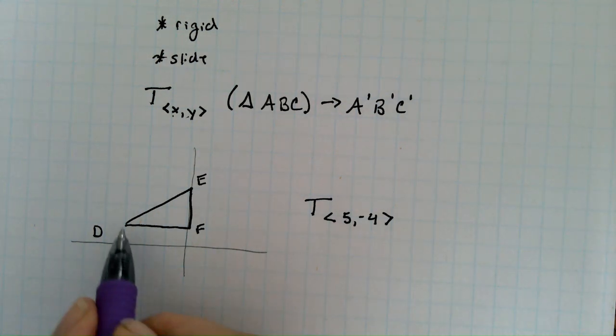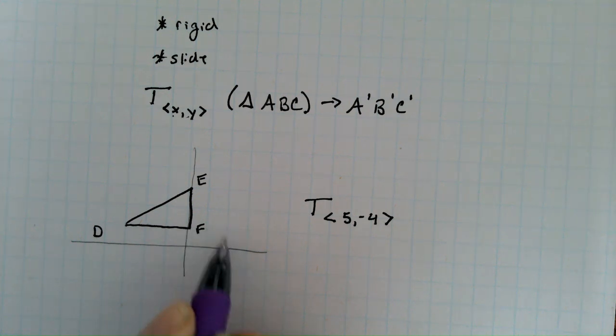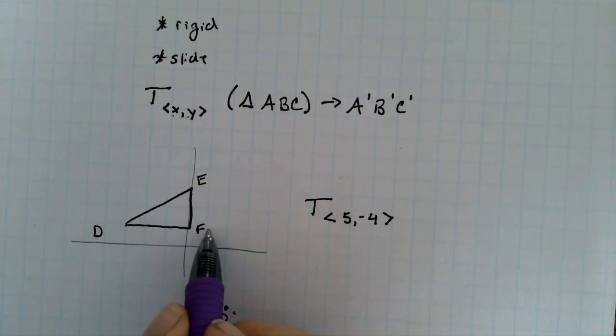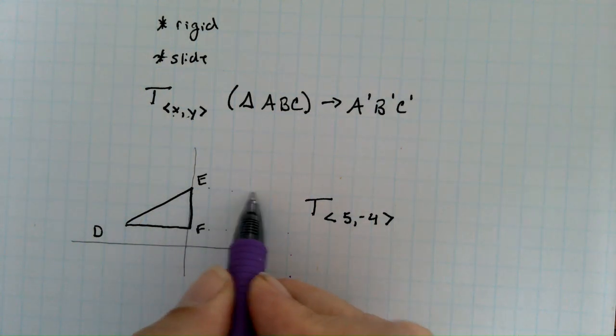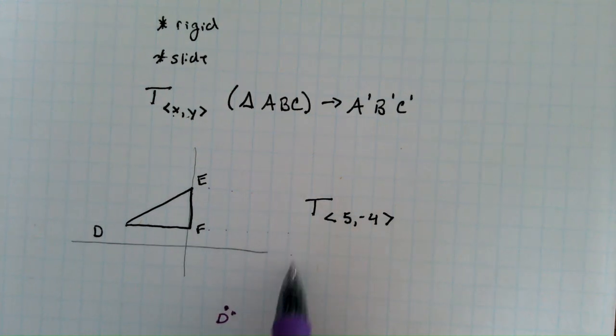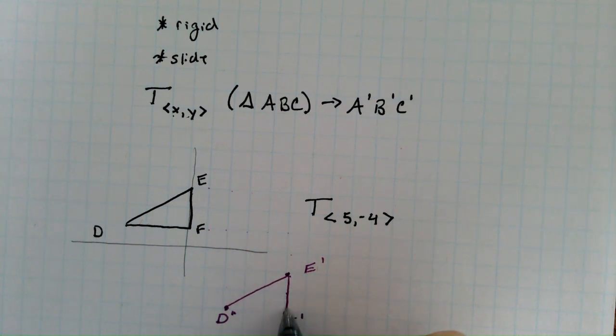Or we can just go from D, 1, 2, 3, 4, 5. 1, 2, 3, 4. From F, 1, 2, 3, 4, 5. 1, 2, 3, 4. And for E, 1, 2, 3, 4, 5. 1, 2, 3, 4. Boom, we're done.